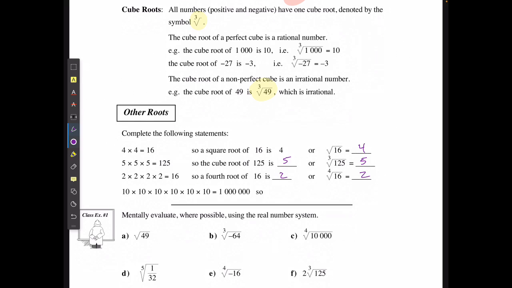If 10 times 10 times 10 times 10 times 10 times 10 is a million, then I could say that the sixth root of 1 million is going to be 10.